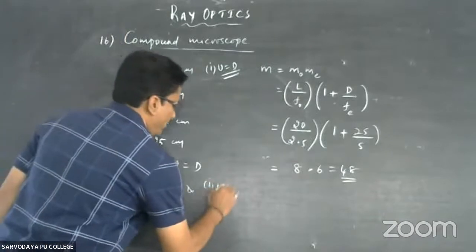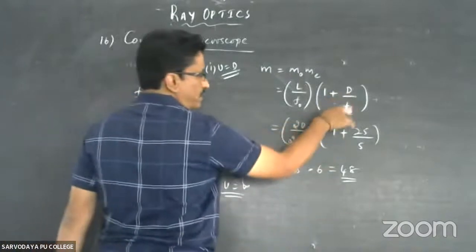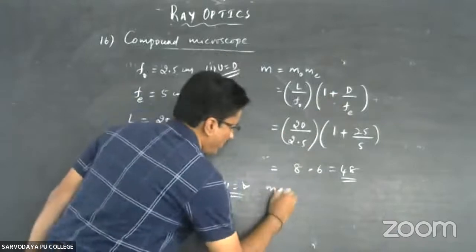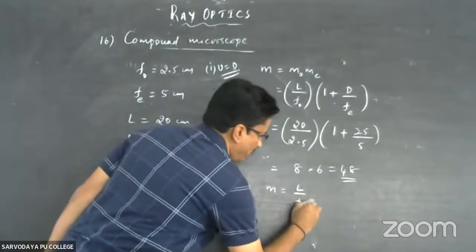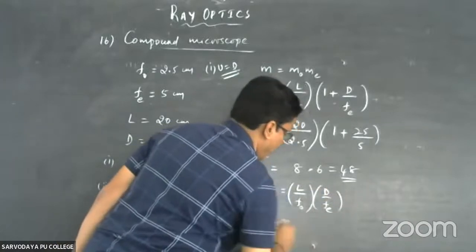But if the same image is obtained at infinity, the formula for the first part remains the same, but the second part has to change, and it becomes equal to L by f0 into D by fe.